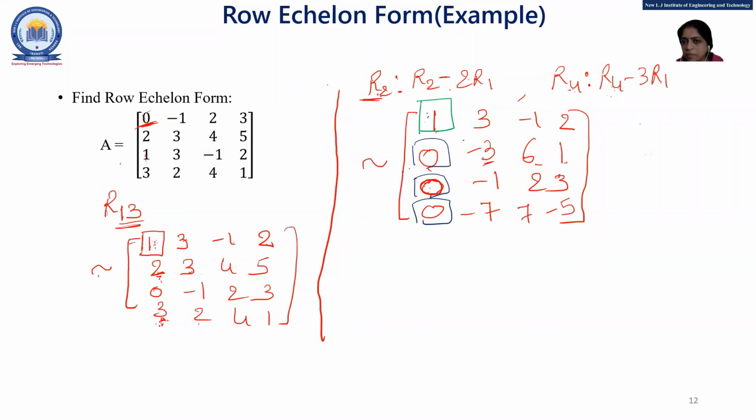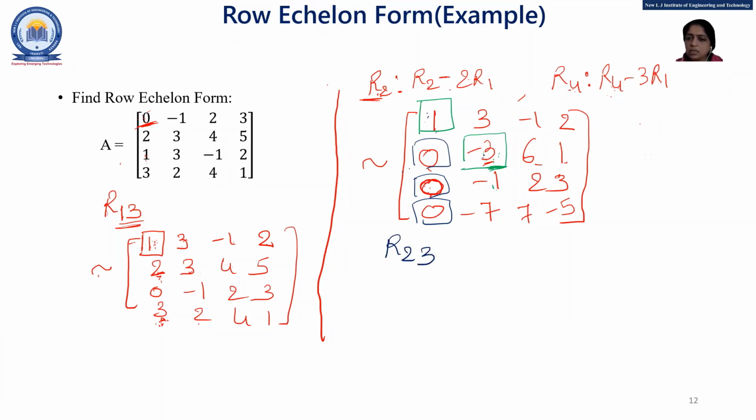For this step, here I have to convert this -3 into the 1 for the leading element. For that, I am interchanging my second row and third row, because I want my -3 into the form of leading element into the form of 1. So my next move is R23.